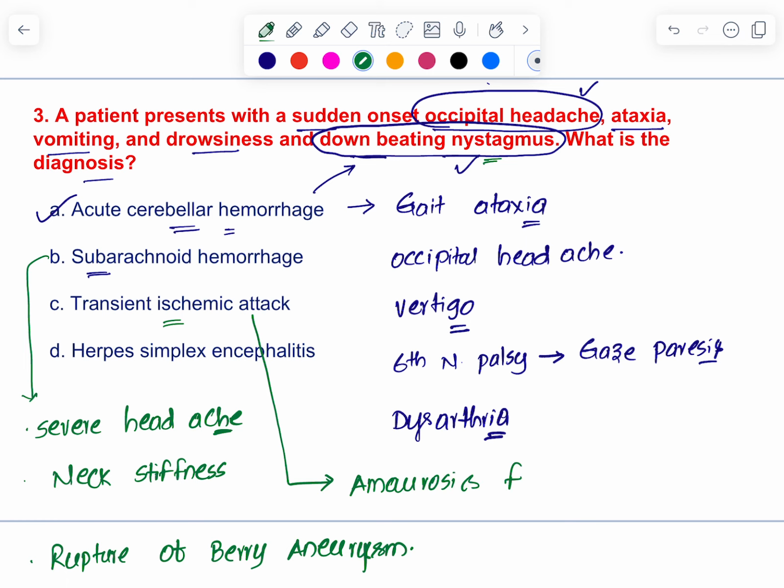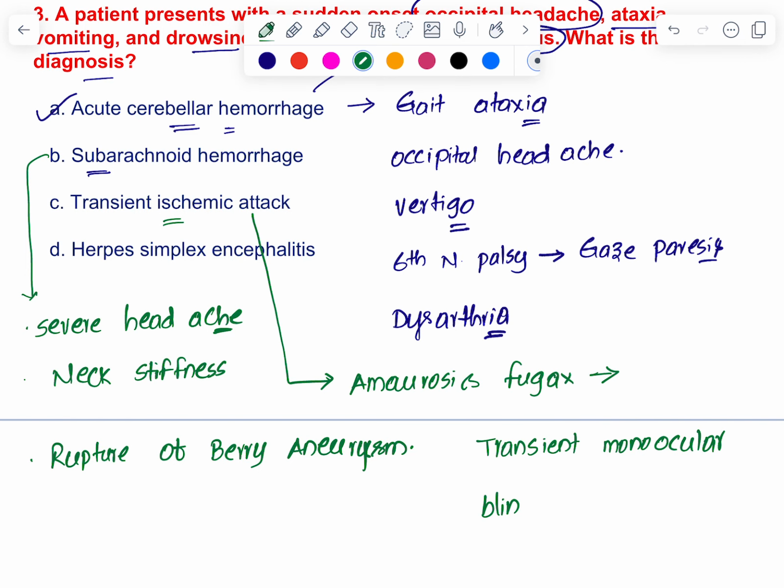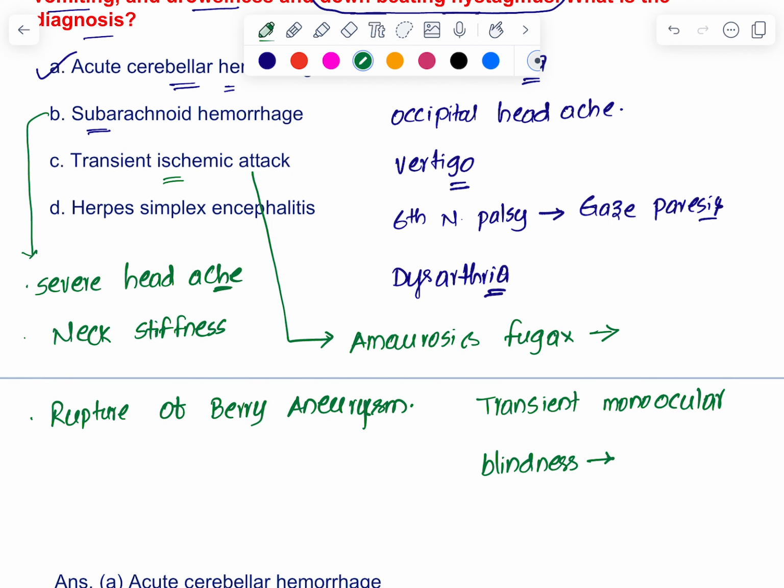So they'll have what is called amaurosis fugax. What is this amaurosis fugax? It is a scenario where there is transient monocular blindness, and this transient monocular blindness is due to emboli which will enter into the central retinal artery.